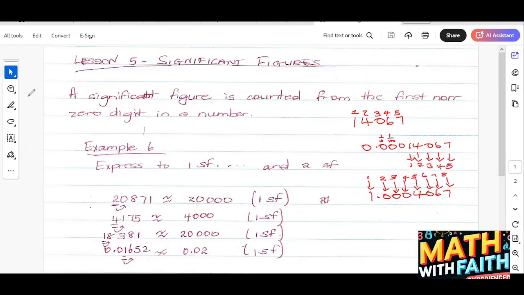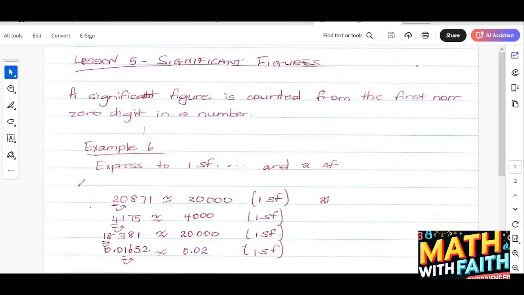Now, as I said, you will be requested or required to round off numbers according to significant figures. So let's look at the example. Express these numbers to 1 significant figure and to 2 significant figures.